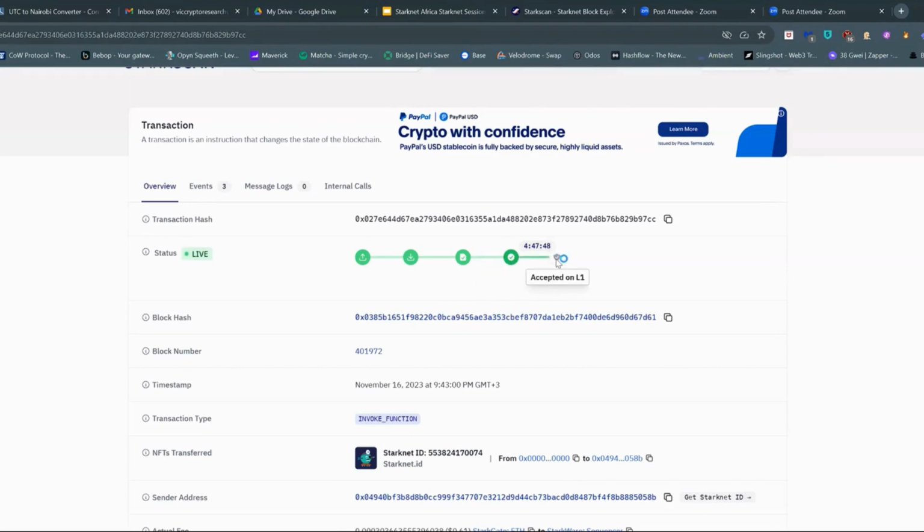And then the final stage of a transaction is accepted on L1. Accepted on L1 means that the transaction information, in this case the proof that the computation was accurate, has finally been submitted to Ethereum. And we can see for this transaction that this has not yet happened. But if you go and check some older transactions, you can see that they have been accepted on layer 1.